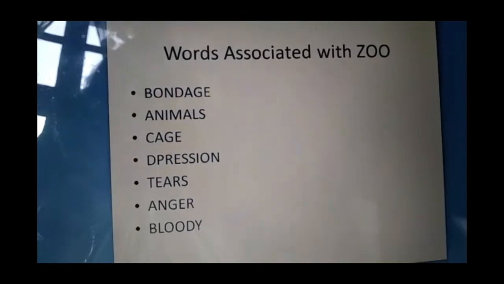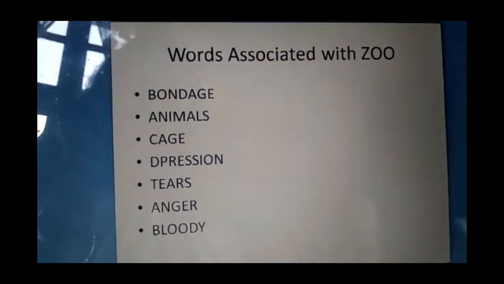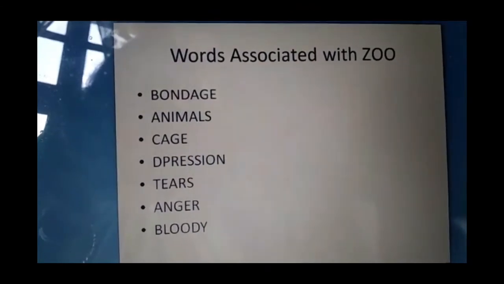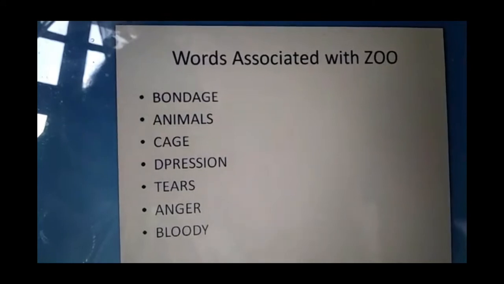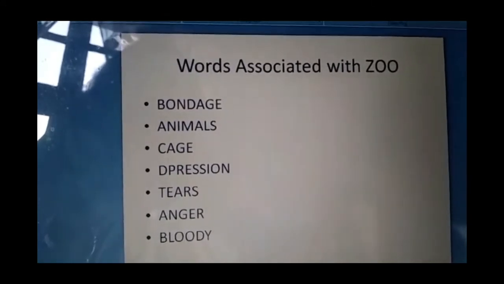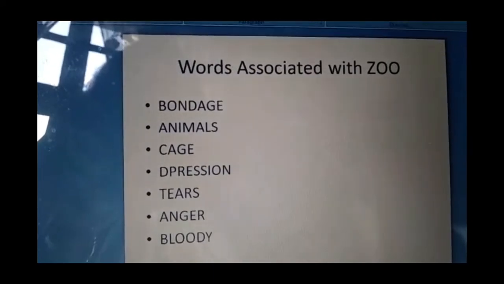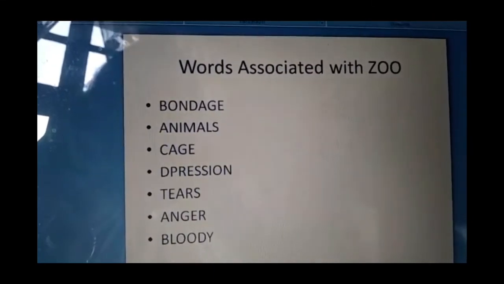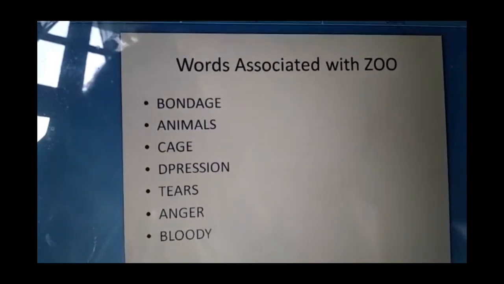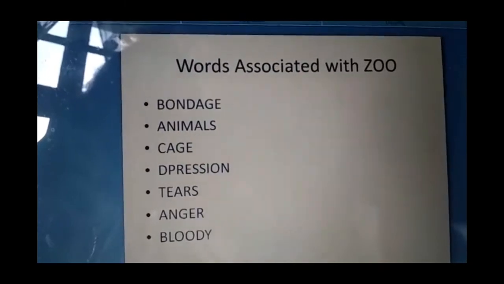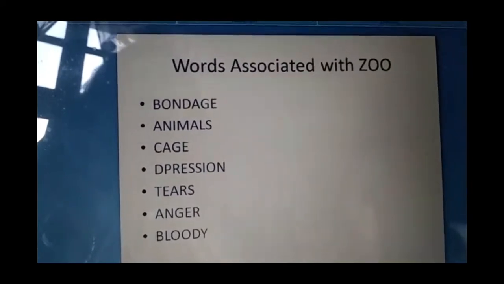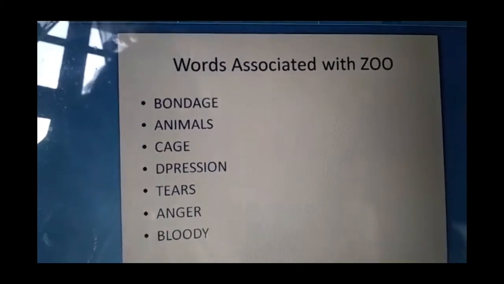You're not able to move. You're not free. Then, in the zoo, there are animals, definitely animals in the zoo, not humans. Animals cannot be treated like human beings. People give a different kind of treatment to animals. So you know the difference between an animal and a human being.